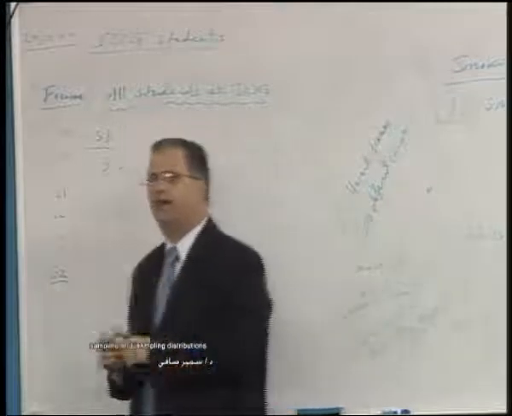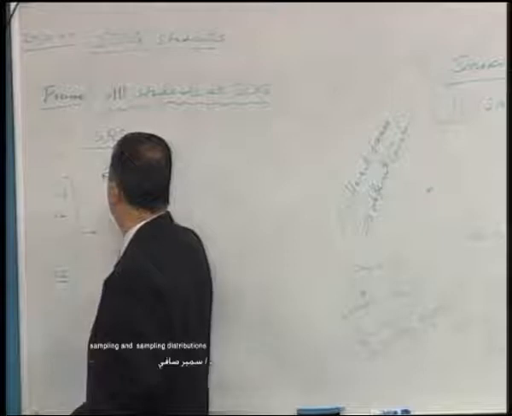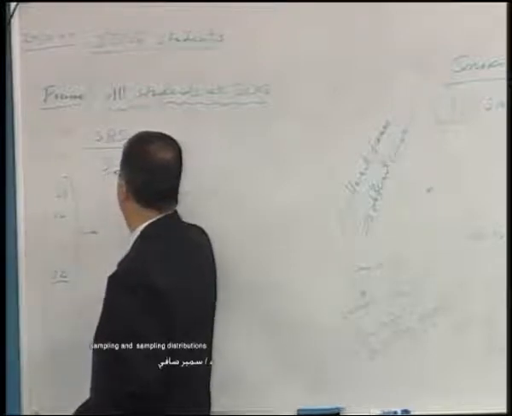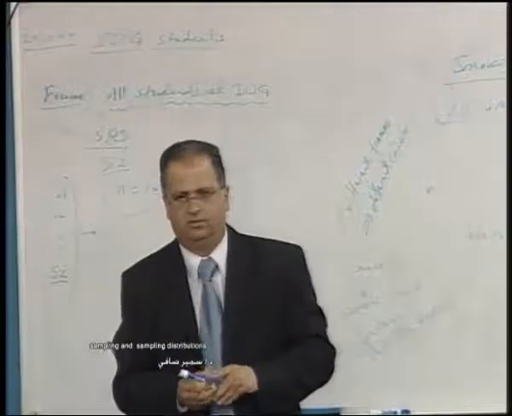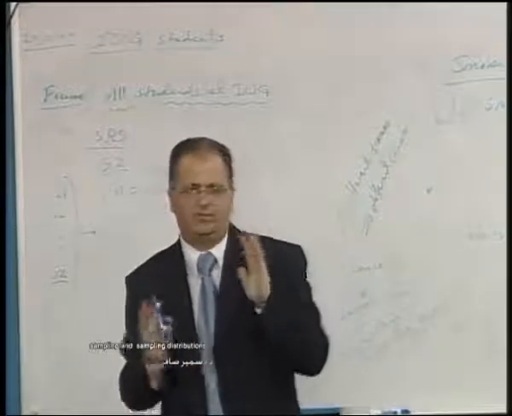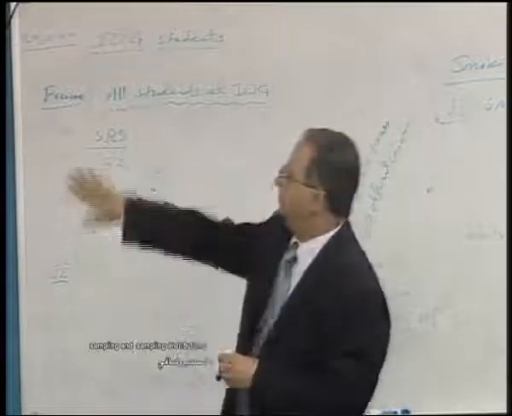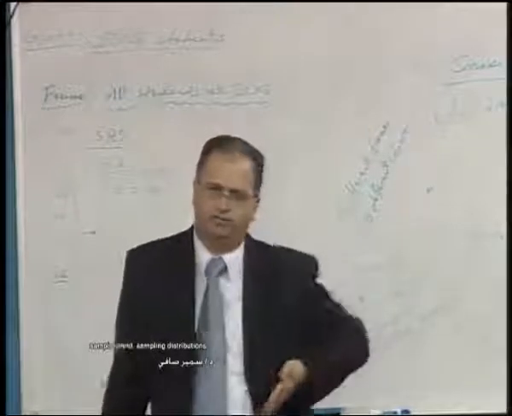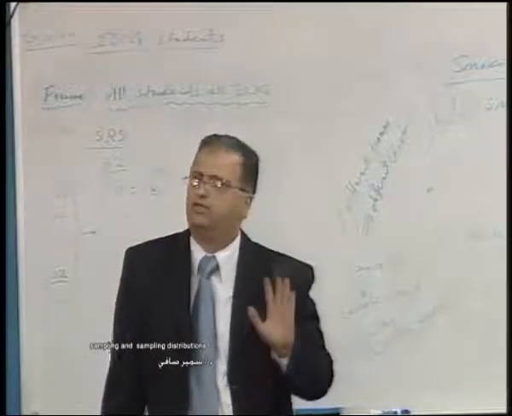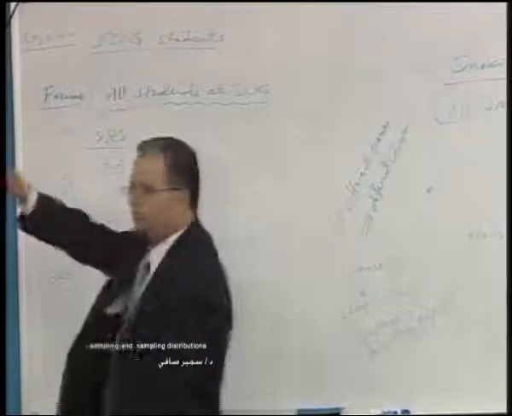Now suppose I decided to take a random sample of size, for example, 10. How can I select 10 out of you? In this case, each one has the same chance of being selected. Based on this table, you can pick any row or any column randomly. For example, suppose I select the first row.